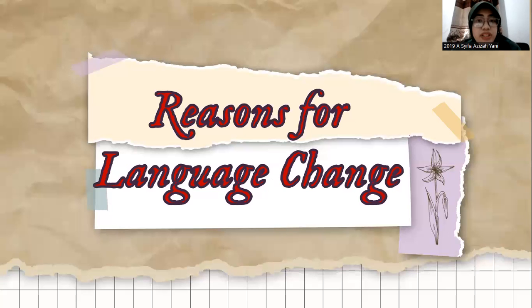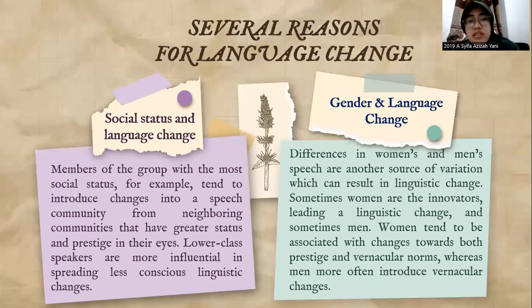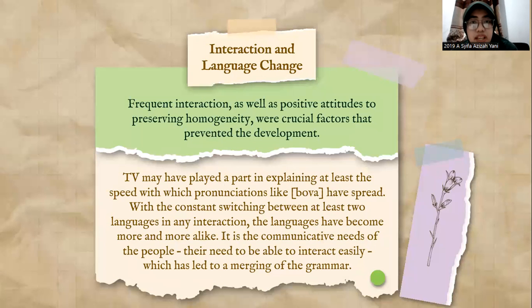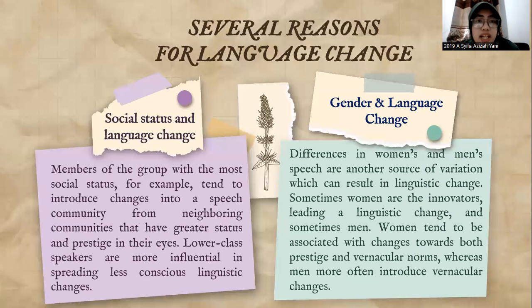The next and last phase is reasons for language change. There are several reasons for language change, including social status and language change, gender and language change, and interaction and language change. But first, let's talk about social status and language change.